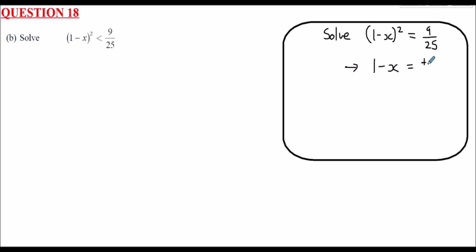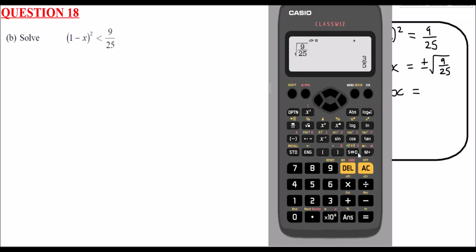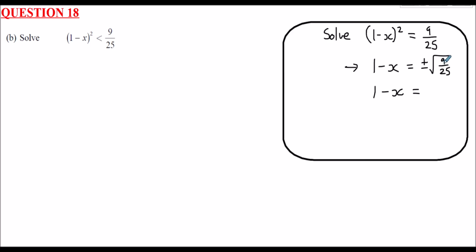So you need to think about both positive and negative root 9 over 25. Now 9 and 25 are both square numbers, so we can actually square root these. If you see here, if you square root 9 over 25, you get 3/5, because the square root of 9 is 3, square root of 25 you get 5. So 1 minus x is either going to be minus 3/5 or positive 3/5. So let's just consider both cases.